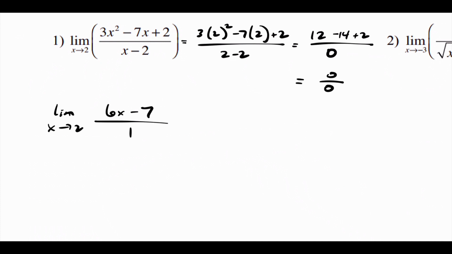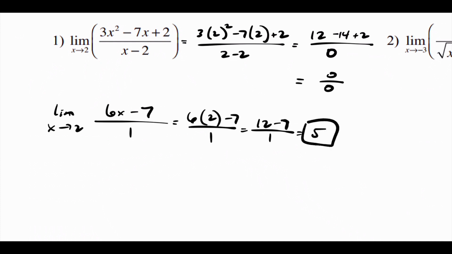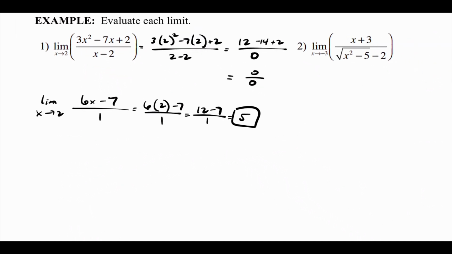Repeat the process. Plug in 2 now. Now when I plug in 2, I'm not going to get undefined. I'm going to get positive 5. Which is the same answer I would have gotten last semester. But now that we know how to find derivatives, it's a little easier than having to factor.